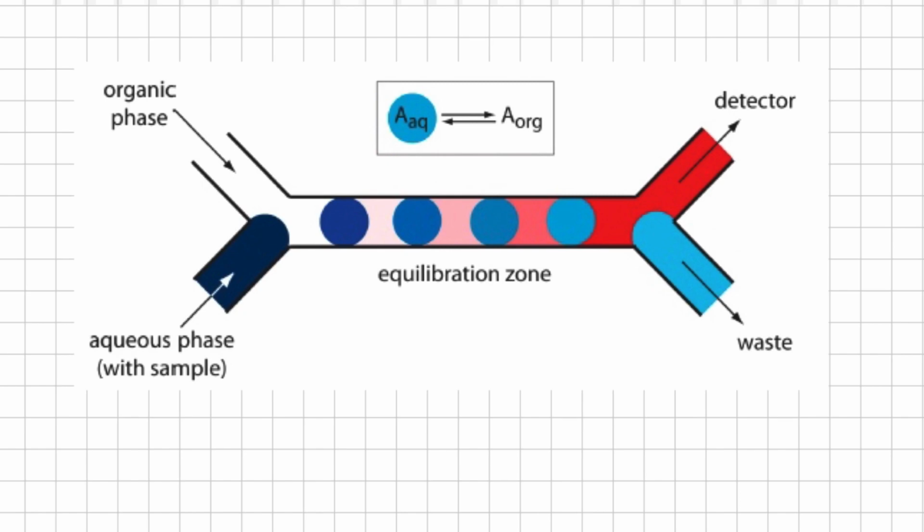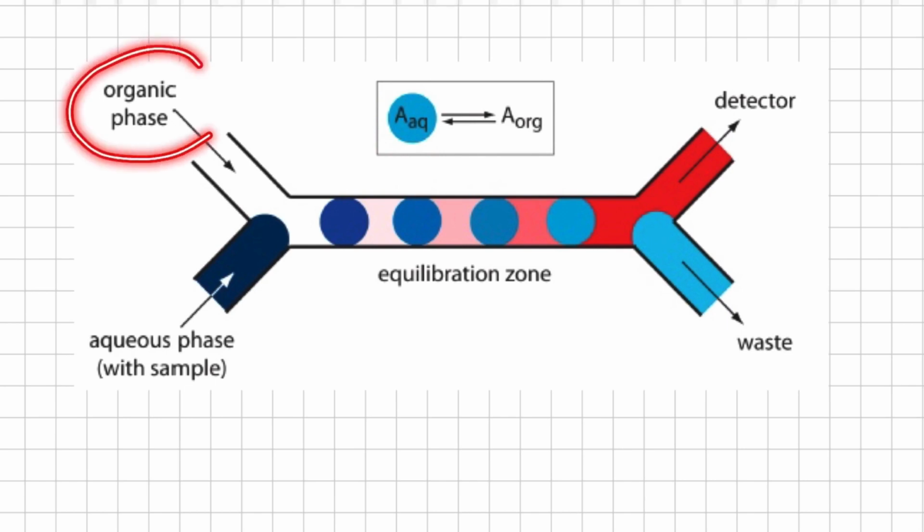At the outlet of the separation module, the two fluids are separated by taking advantage of the difference in their density. For example, in this figure, a configuration of a separation module is shown in which the sample is injected into an aqueous phase and is extracted into a less dense organic phase that passes through the detector.